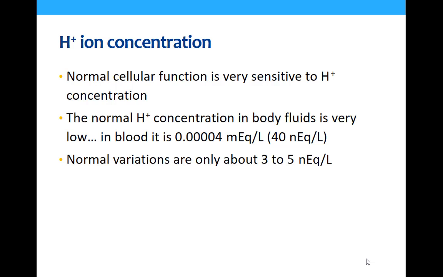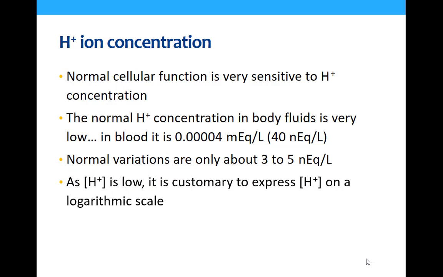So for a cell to function well, this concentration has to be maintained within a very narrow range, and you can see the range over here. Normally it is very, very low, about 40 nanoequivalents per liter, and very small change is permissible. If there is any more shift in H plus ion concentration, it will affect the cellular function adversely.